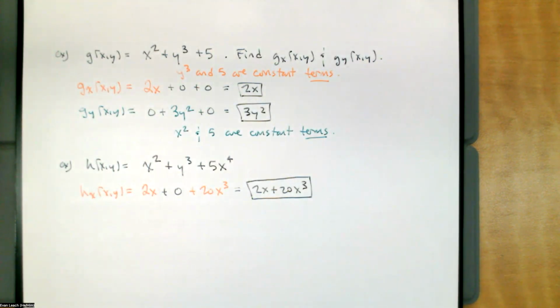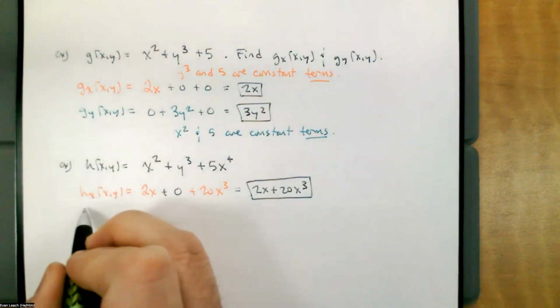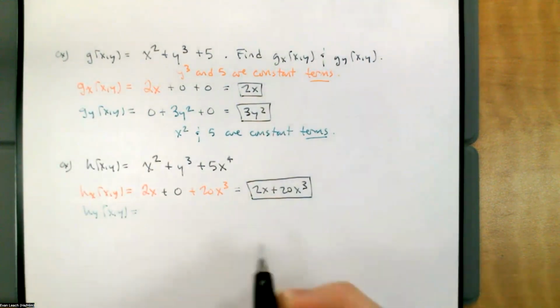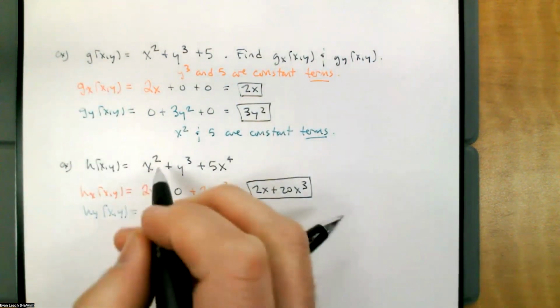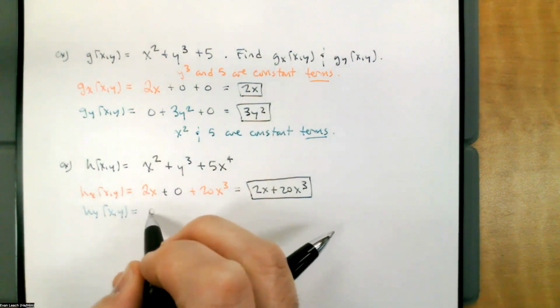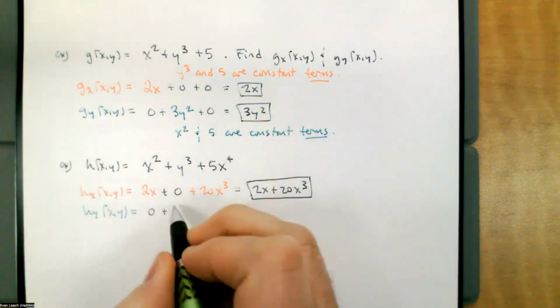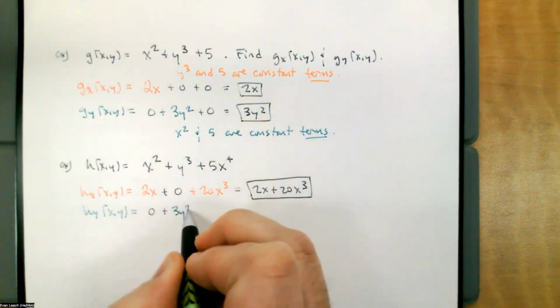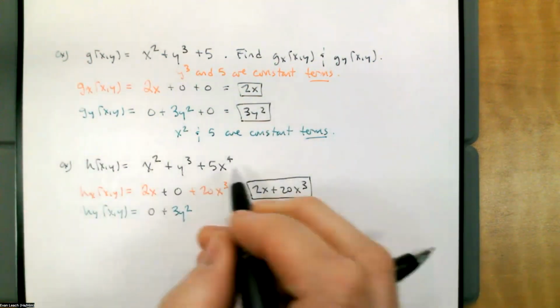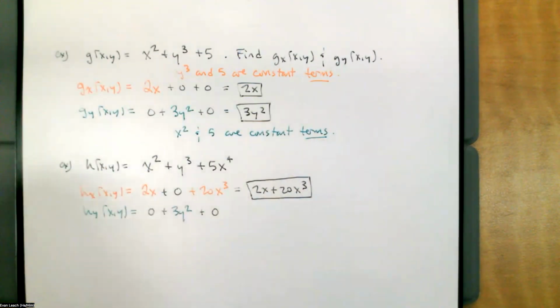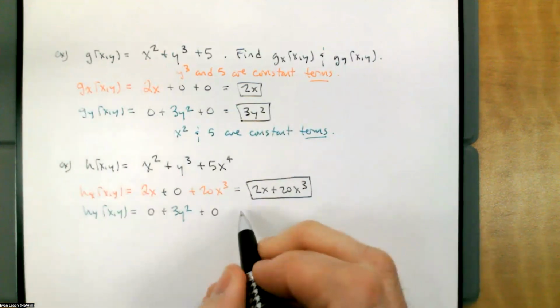But now for h_y, our perspective has changed. The derivative of x squared, that's a constant term with respect to y. The derivative of y cubed is still 3y squared. And this 5x to the fourth, that's just a bunch of constants as far as y is concerned. So we only end up with the 3y squared like we had before.